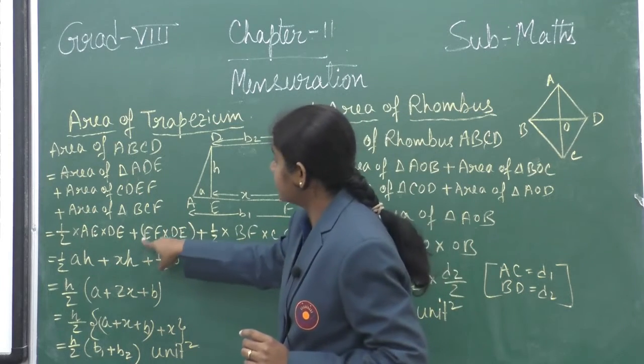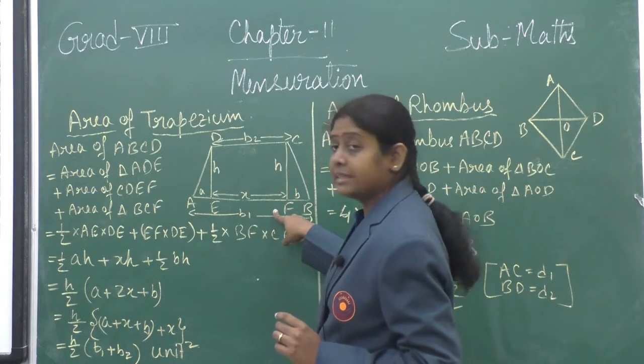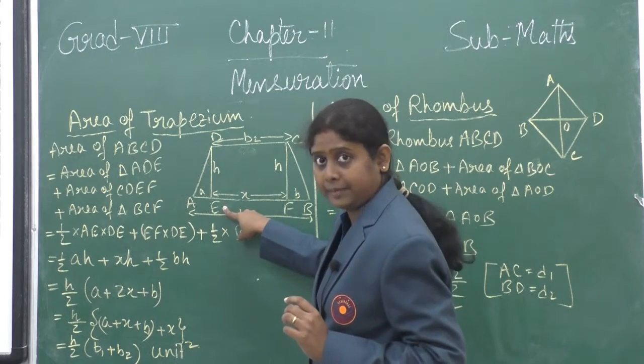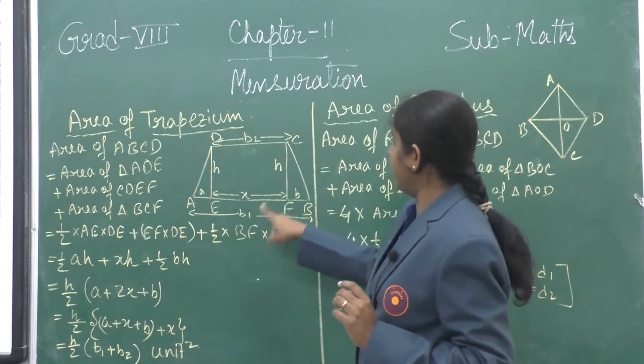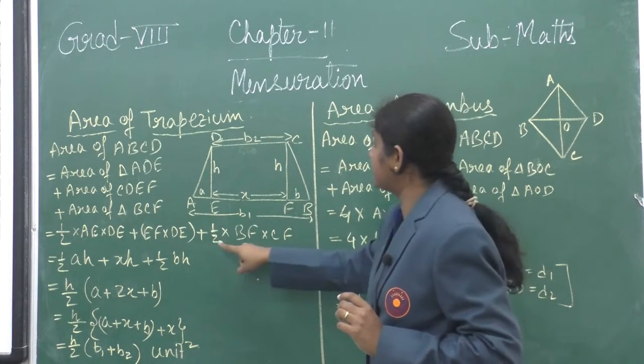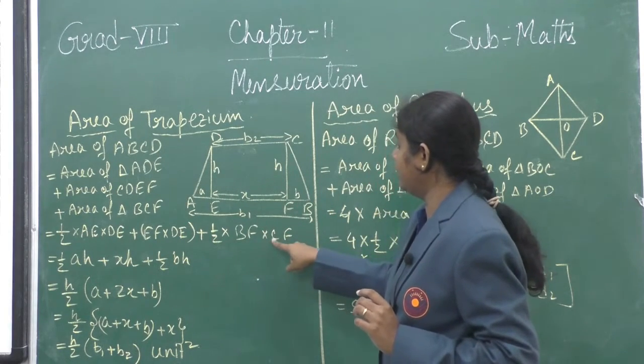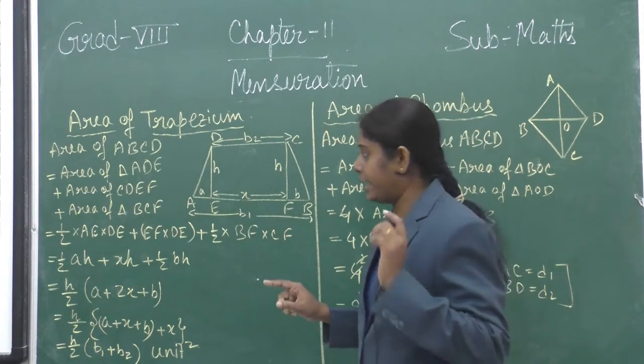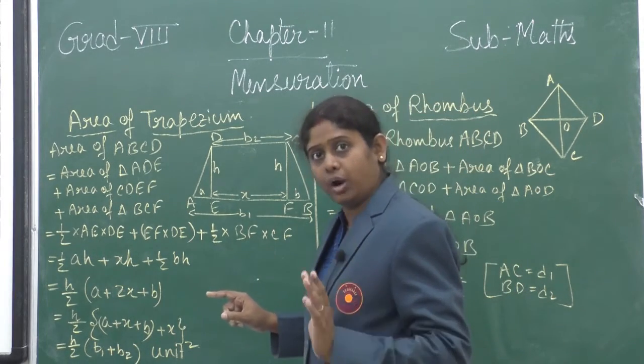That means plus EF, that is length, into DE, that is breadth, plus the area of the last triangle, that is half into BF into CF, using the previous formula once again, half into base into height.